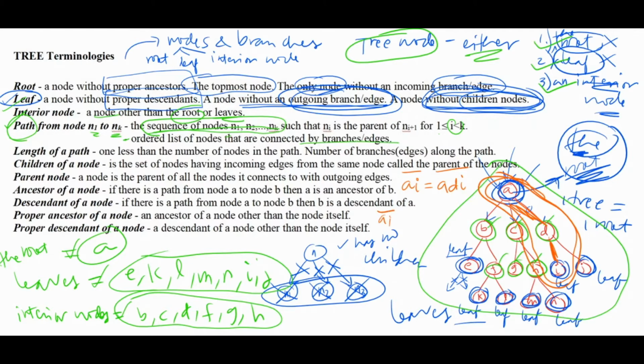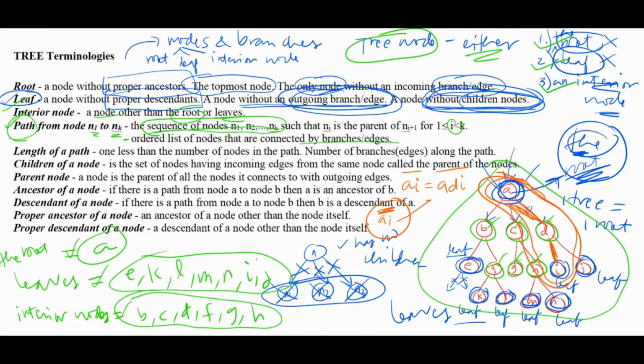We say the path from A to I, or in mathematics, that's the line segment between the point A to I. Or in data structure, this is from node A to node I. The path is denoted as such.